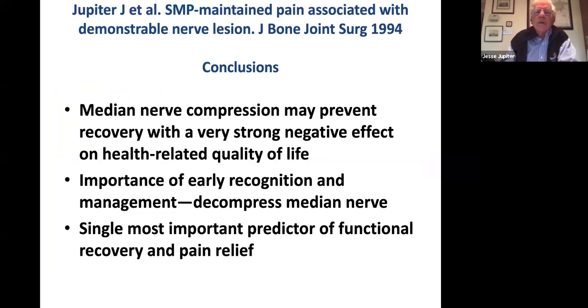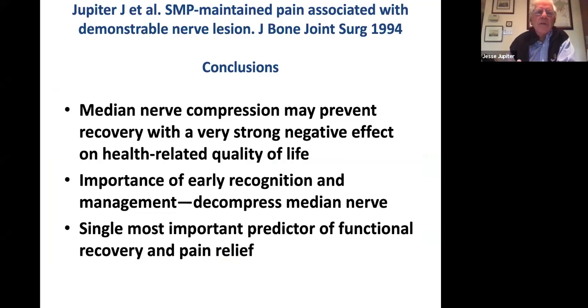I did a study years ago, and I found that median nerve compression, unrelieved, had a very strong negative effect on outcome, and early recognition is the single most important predictor of outcome. So if I see a patient who has pain out of proportion after their fracture's been reduced in the emergency room, has dense sensory loss, I think they should have their median nerve released and their fracture fixed, of course.